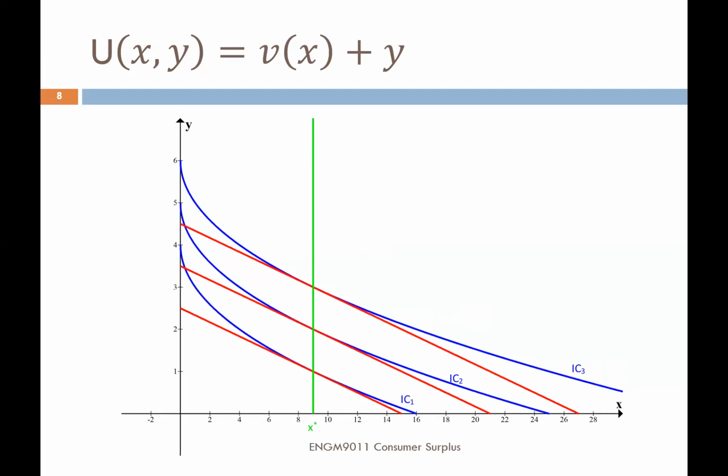You can see for X equals 9 and Y equals 1, you're on indifference curve 1. You can see that slope is the same as if you had X equals 9 and Y equals 2, or X equals 9 and Y equals 3, and so on and so forth. They all have the same slope for the same value of X. Okay, so we're going to make use of that.